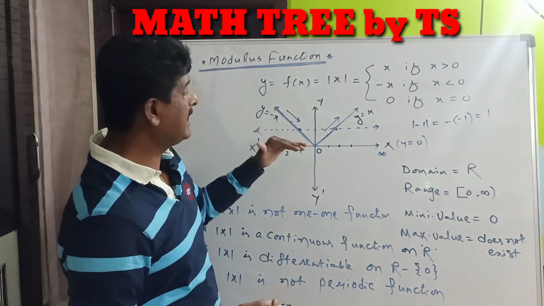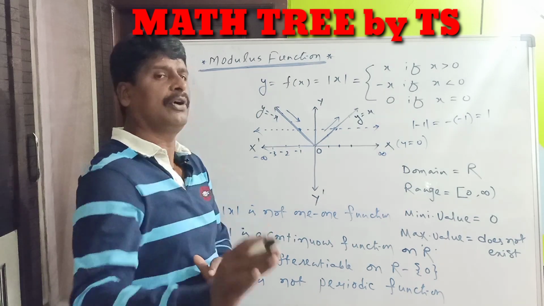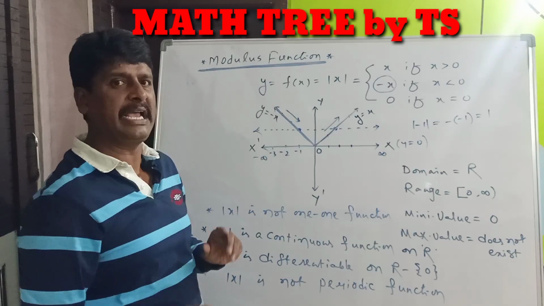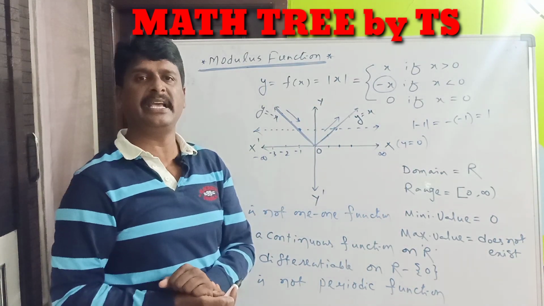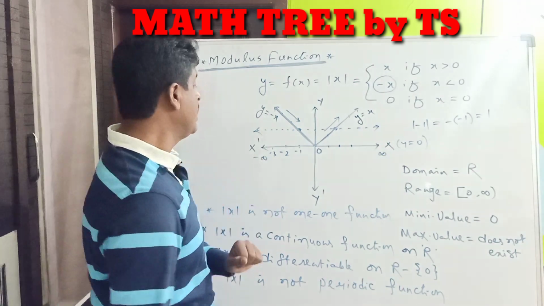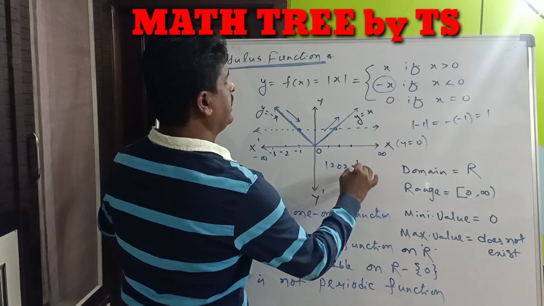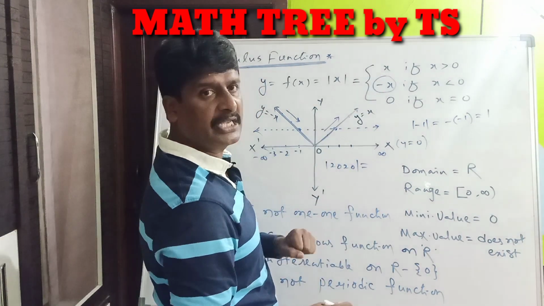So this is about the modulus graph, and most of you are getting doubt here, I think. As you know, modulus x is always positive, but I am writing here minus x. Don't confuse that. Suppose modulus of 2020, according to our definition, it goes to the first case.